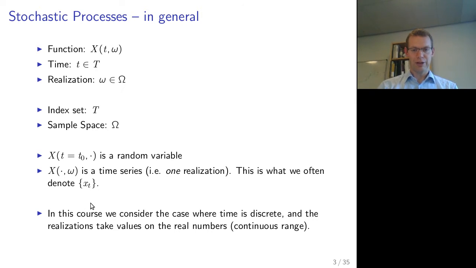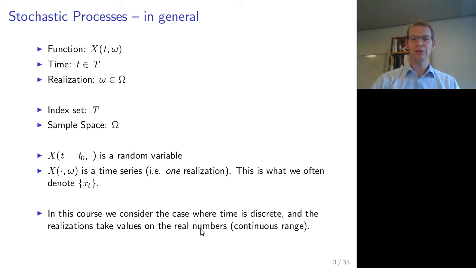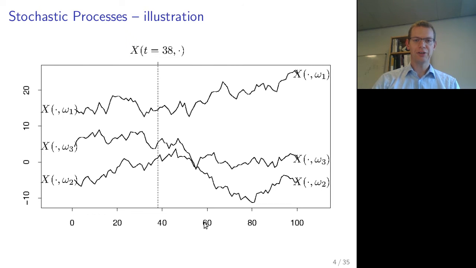We will focus on discrete time here, and we will also focus on realizations living on the real numbers. As an example, just to illustrate what was on before, here is a stochastic process where we have three different realizations called omega 1, 2, and 3.